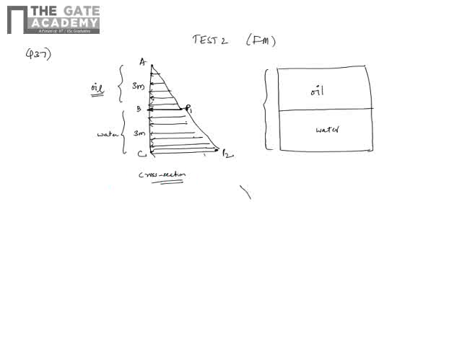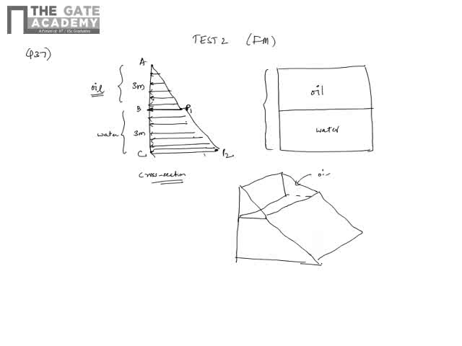So ideally it is something like this throughout, a trapezium with water, and then it is something like this. Okay, so you have the oil trapezium and you have the water pressure distribution.